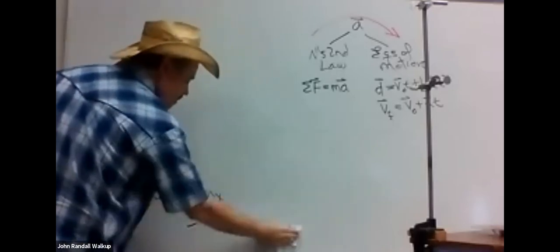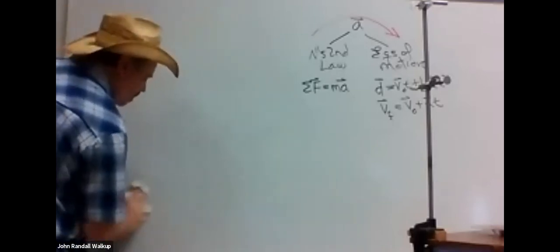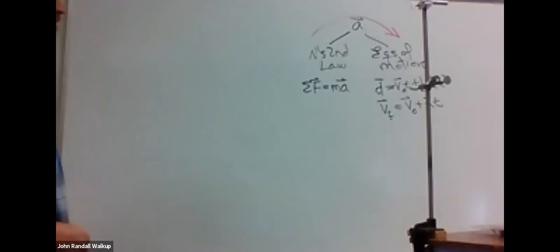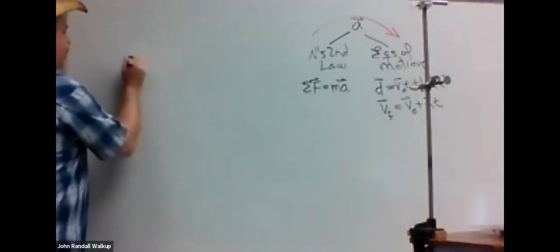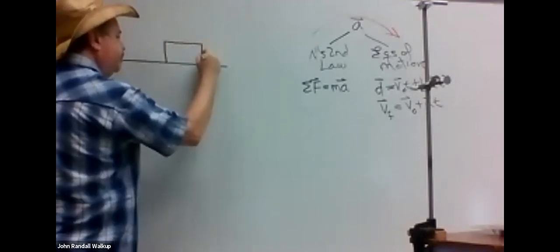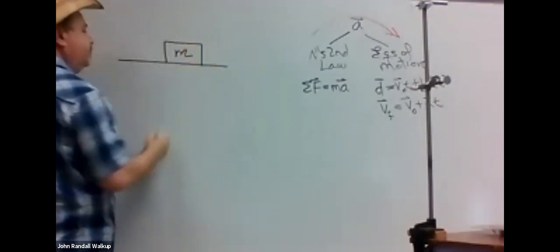Now, this part of the class is not much fun online. In class, I have a lot more fun going over this. But boo-hoo. All right, so we have here our object, certain mass.